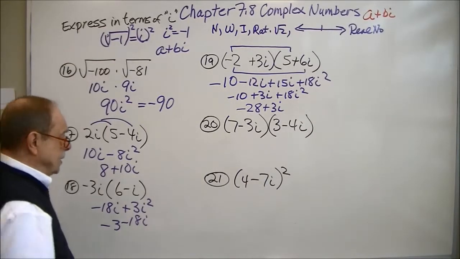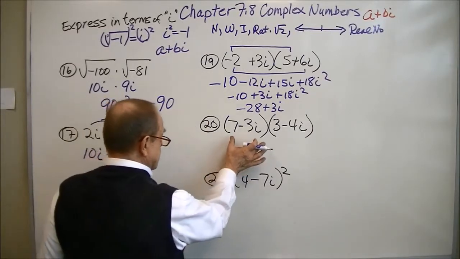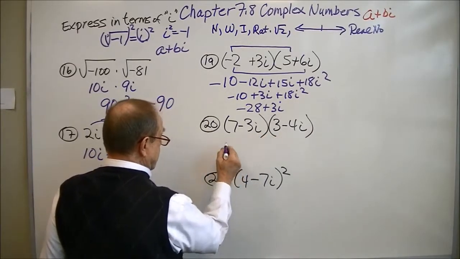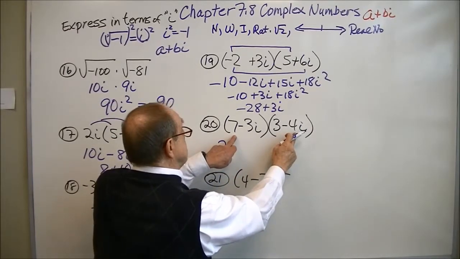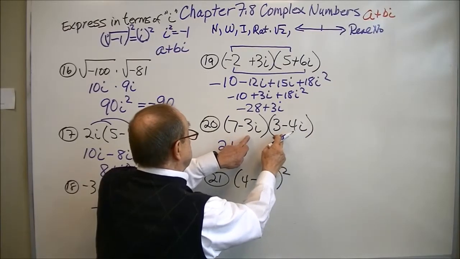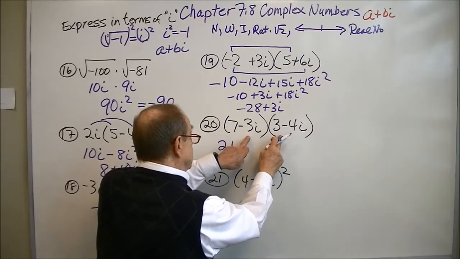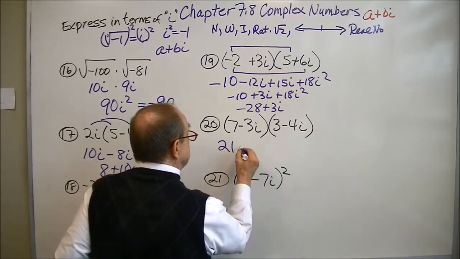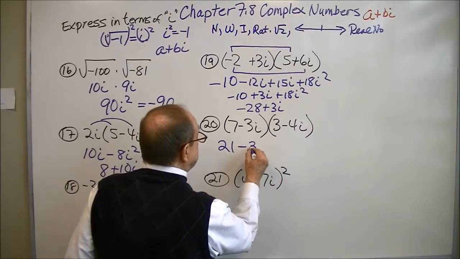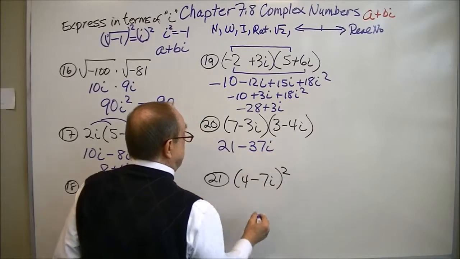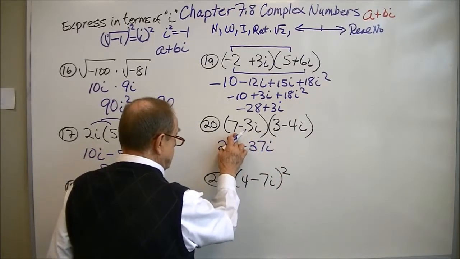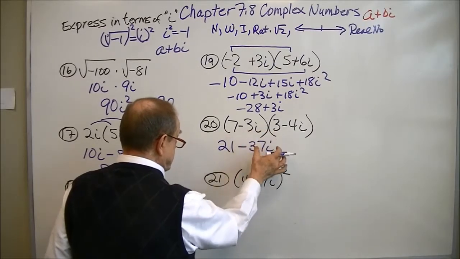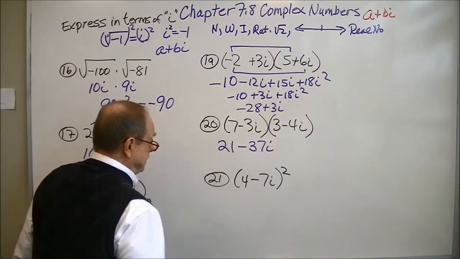All right, let's FOIL this one. Let's do this one mentally. So this is going to be 21. This is going to be a -28i and a -9i. I believe that's going to be a -37i. So 28 plus 9 is 37.